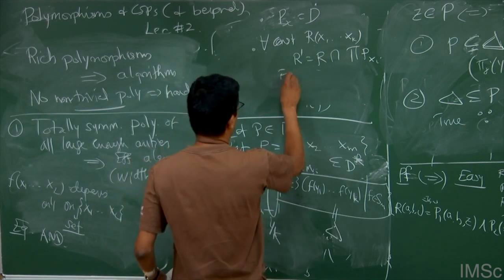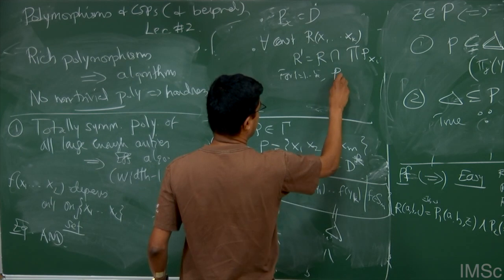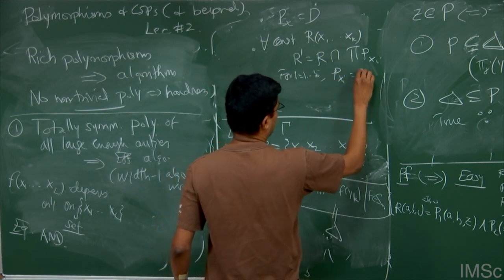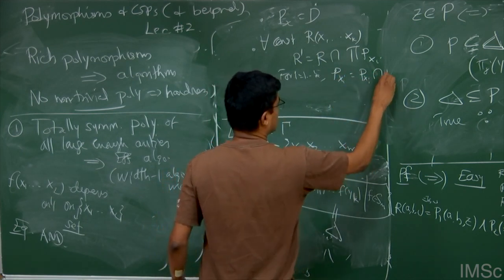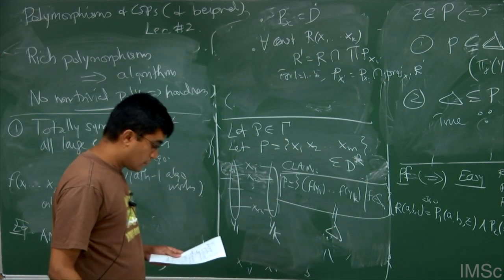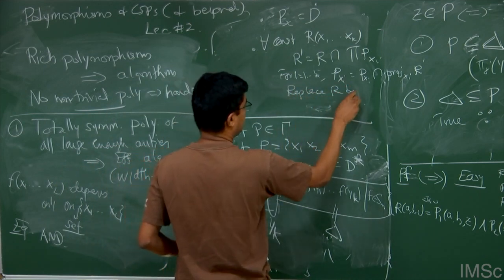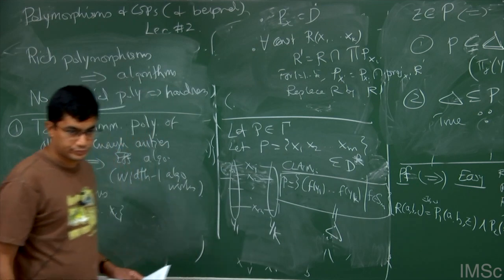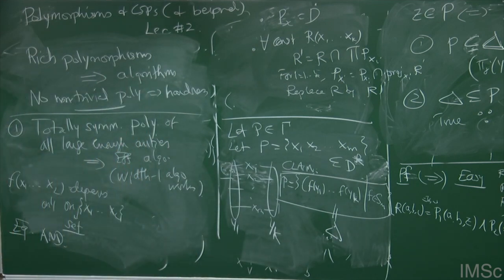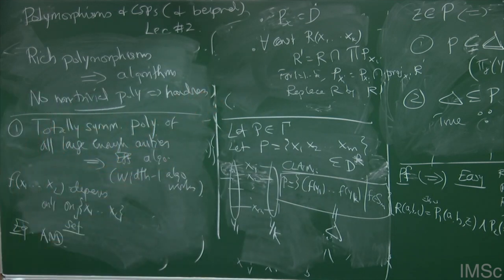Then for i equals 1 through k, update Pxi to be Pxi intersected with the projection onto xi of r prime, and replace r by r prime. Then keep looping until you make no change at all, because once it doesn't change, you're done.